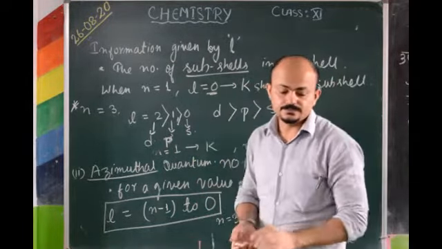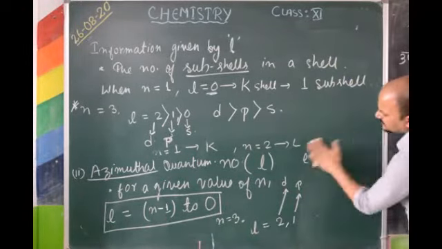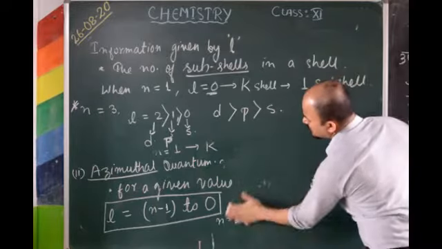Now let's discuss the third type of quantum number, which is the magnetic quantum number.